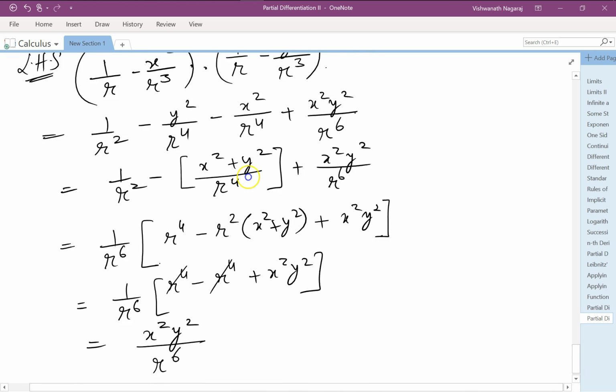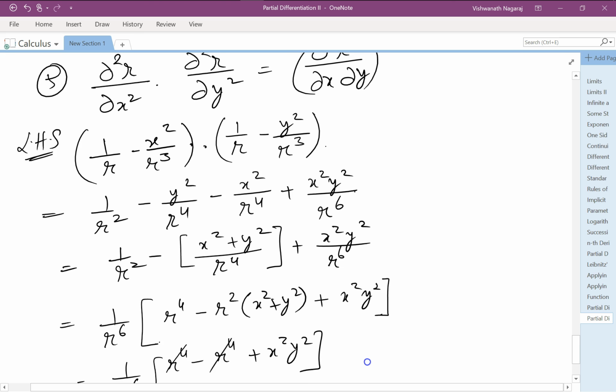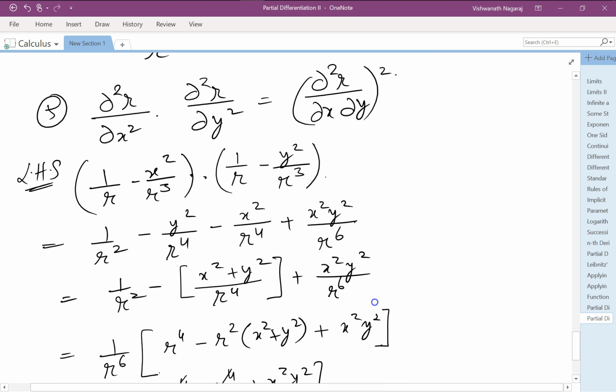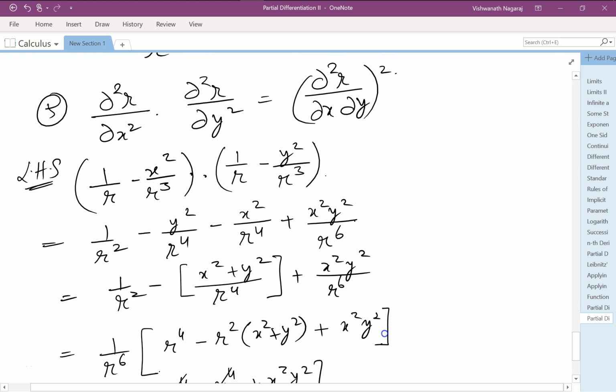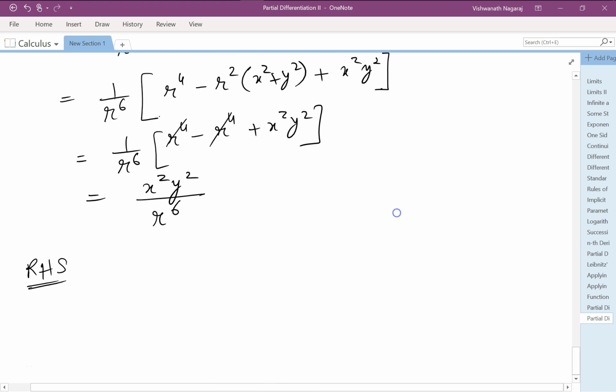Now this was the left hand side. Now let's look at RHS. RHS is dou square r by dou x dou y the whole square. So first we look at dou r by dou y, which is y by r. We have already done this.